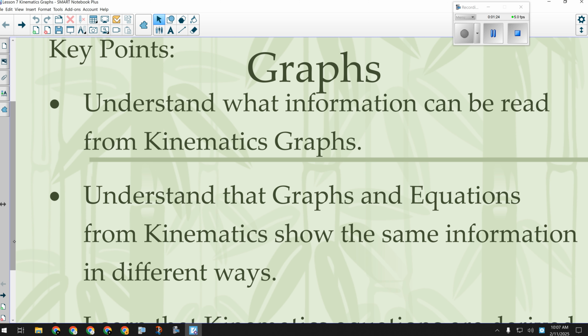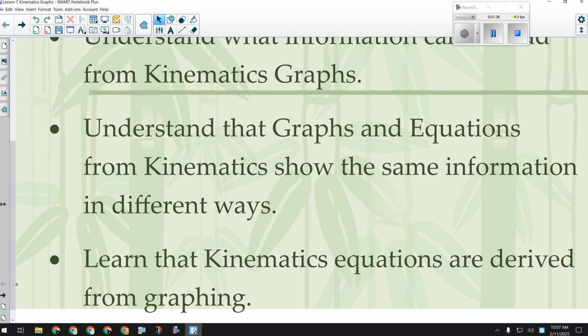Sometimes it's a lot easier to interpret them if you're looking at the graph rather than reading a story about some bus that was going forward and backward. And then lastly, learn where those kinematics equations come from. I'll show the derivations today.